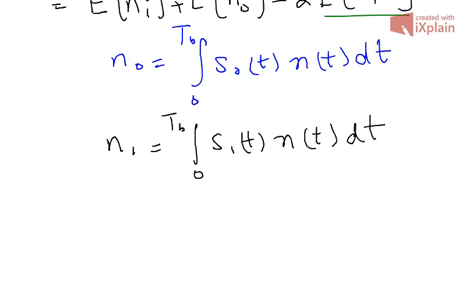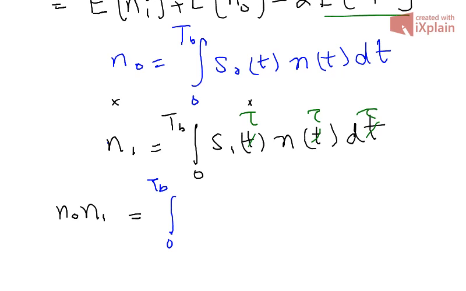When we say the product of n0 and n1, we need to multiply these two expressions. Now I would use a different variable, tau, for the second one, instead of t. It's just a change of variable to facilitate this analysis.